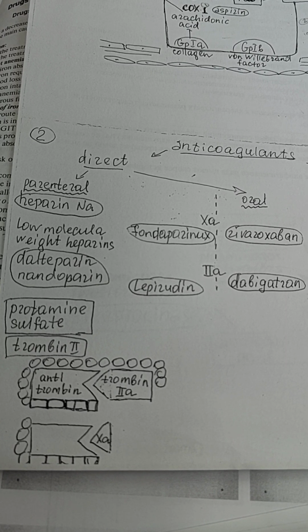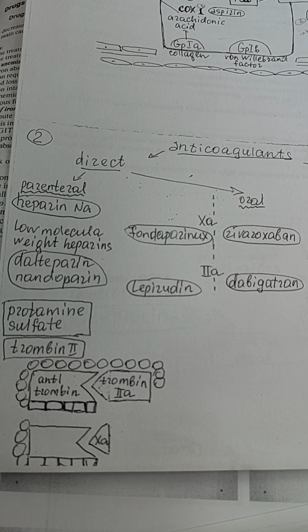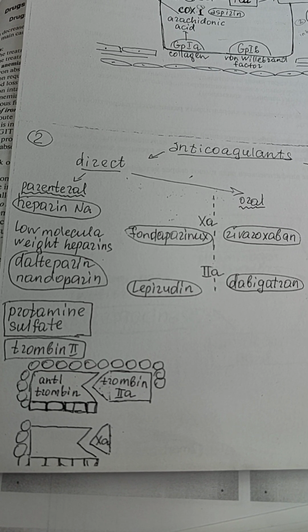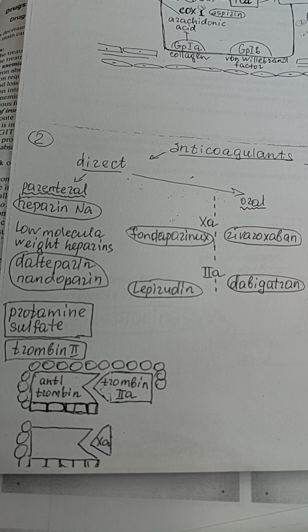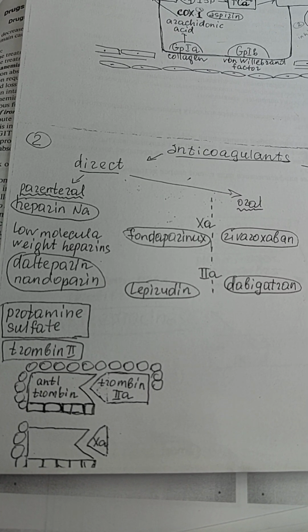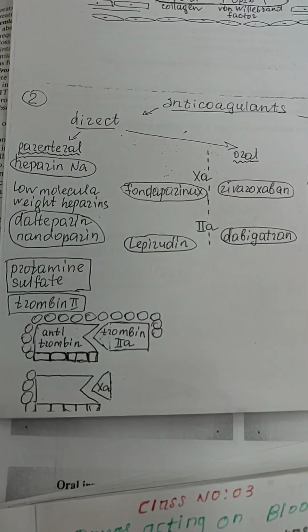Low molecular, enoxaparin, they have parin like heparin. And fondaparinux also can be used, it is not heparin, to bind with factor 10.